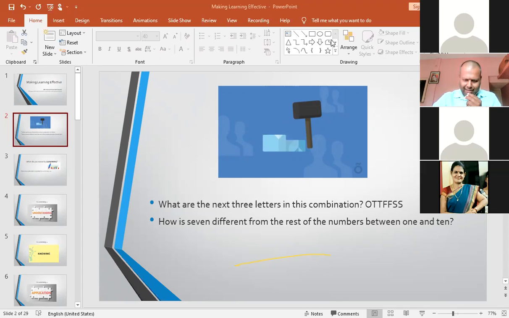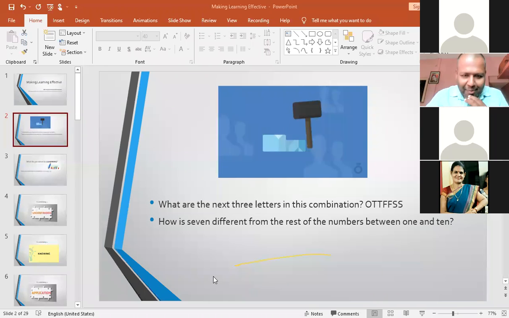How is 7 different from the rest of the numbers between 1 to 10? Great.